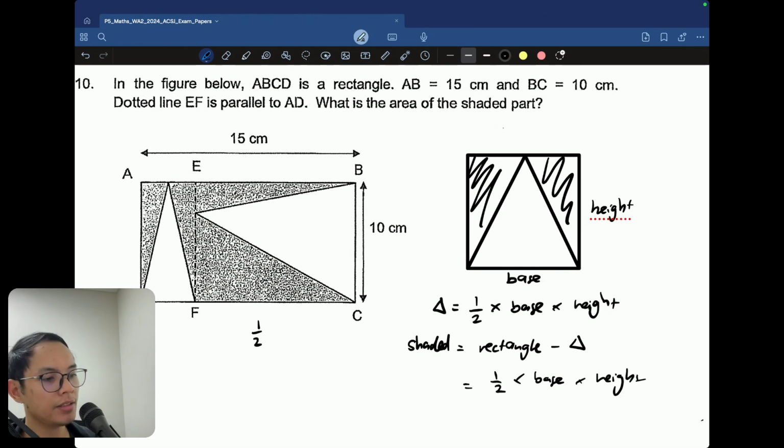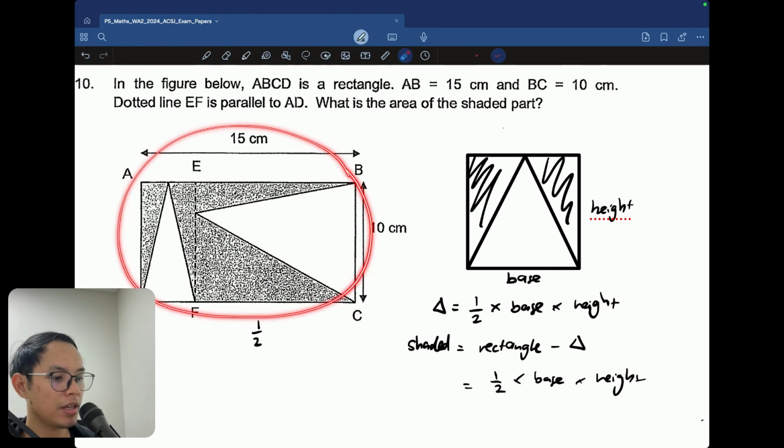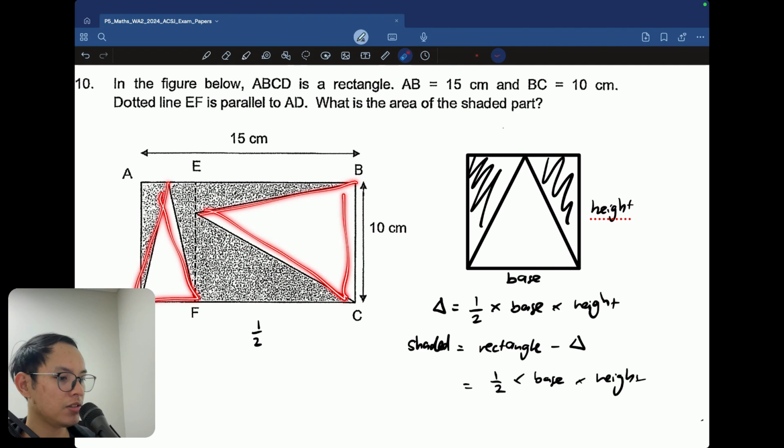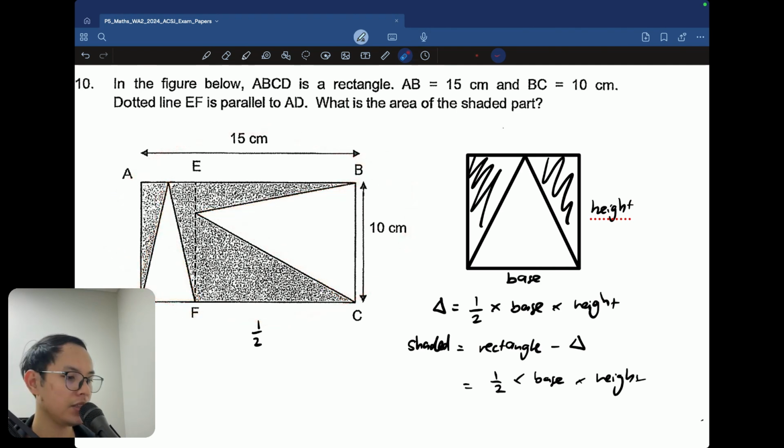So this whole rectangle is generally half shaded.